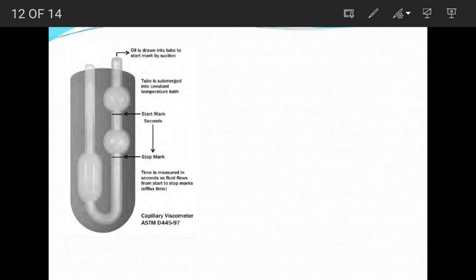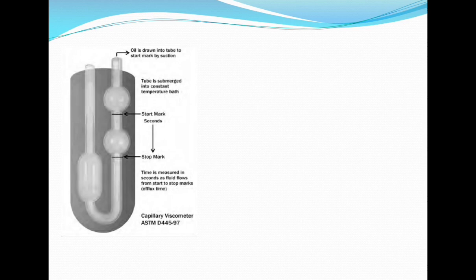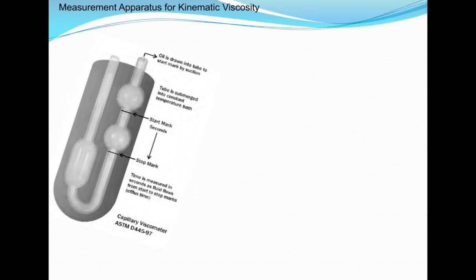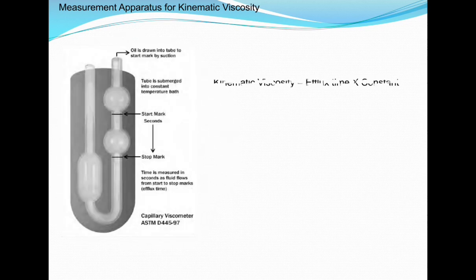That time is known as the efflux time, and when this efflux time is multiplied with the apparatus constant, we get the kinematic viscosity. So this is all about kinematic viscosity.